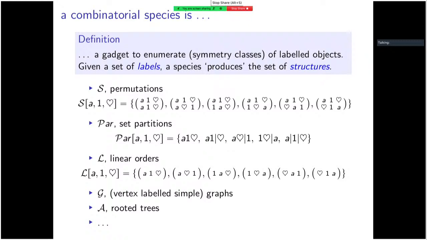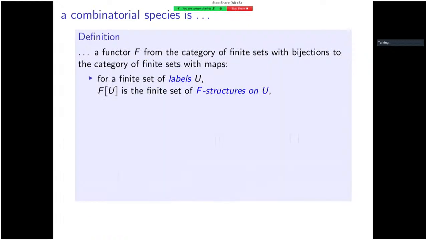And let's say they should be simple, because we want finitely many as output. Or rooted trees, and each vertex again has a label, and the labels should be all distinct. One thing which is important: the set of structures should be finite, so we can do something. I missed finite here. So that's a definition, but not a very good definition.